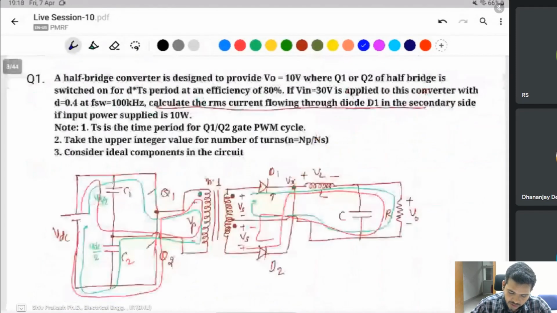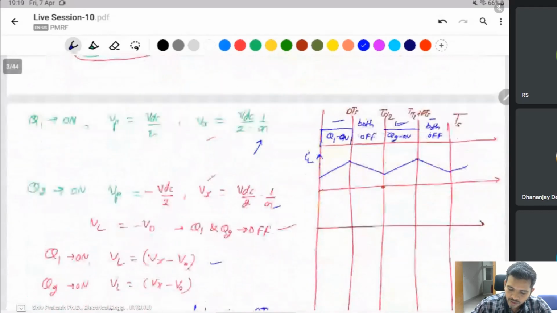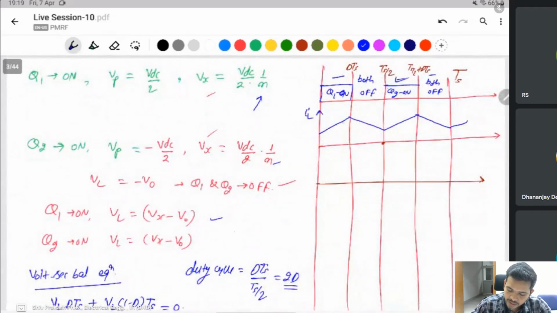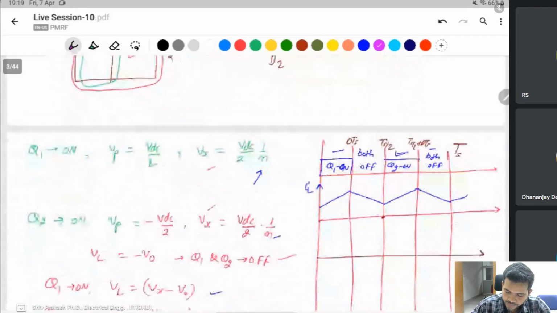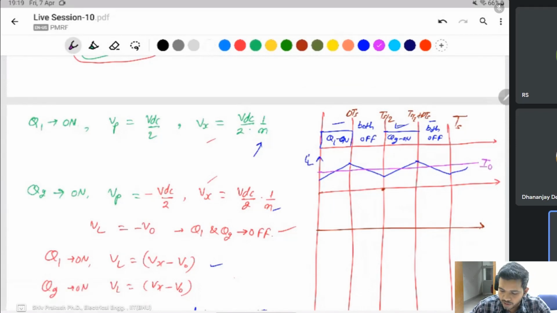But the question given is asking about the RMS current flowing through the diode D1. We have the inductor current, this one. The average of the inductor current is I0, the output current.